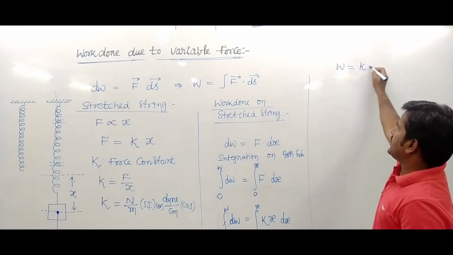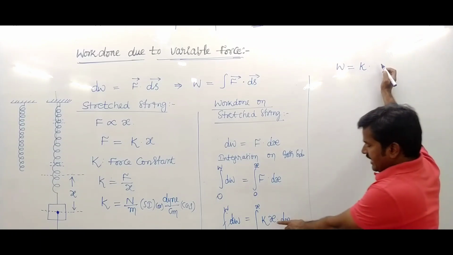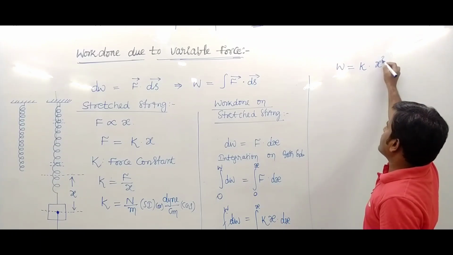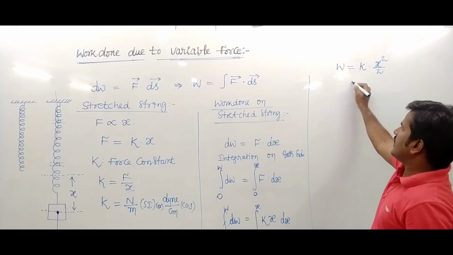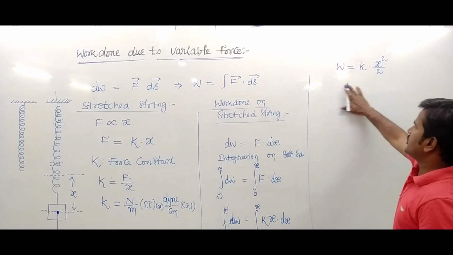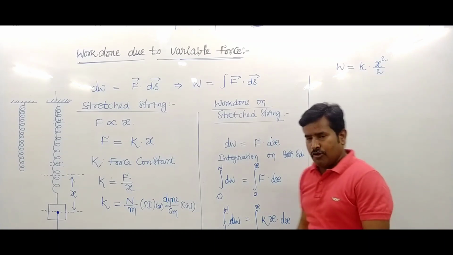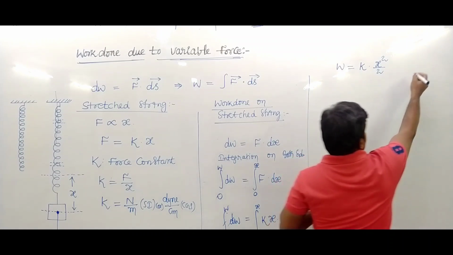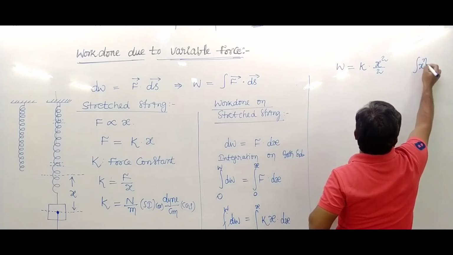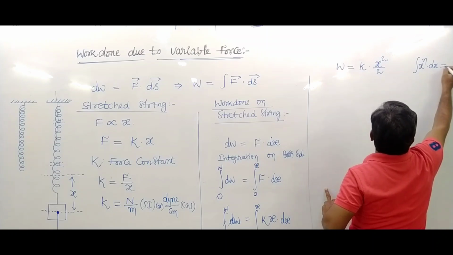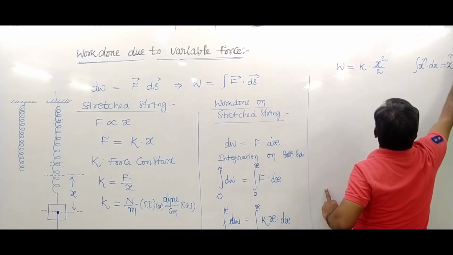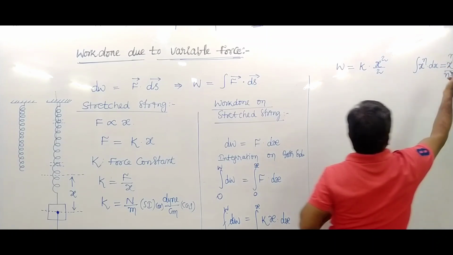The integration of x dx is x square by 2. The formula is that the integration of x power n dx equals x power n plus 1 upon n plus 1.